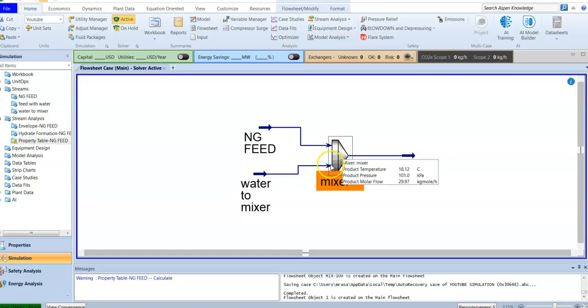Our mixer will be in gray and black. Okay, if it's yellow, we need to define some information. If it is light blue, it means we need to define more or add more information. Okay, so now we have our mixer in a steady state. So in our next video, we are going to transfer this mixer into the dynamic state.